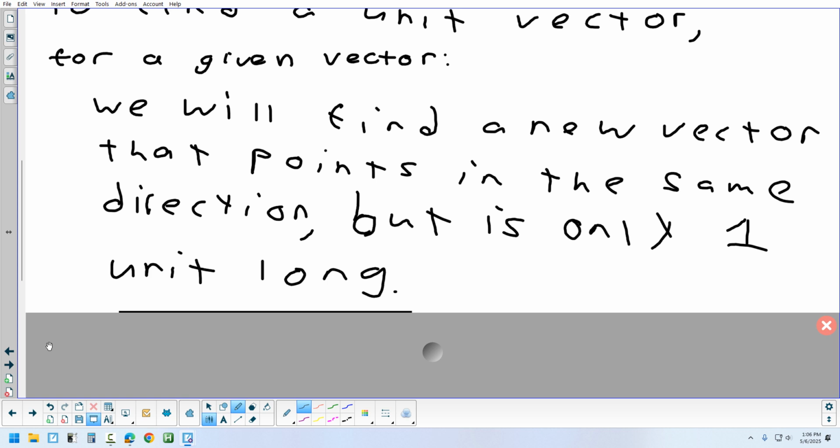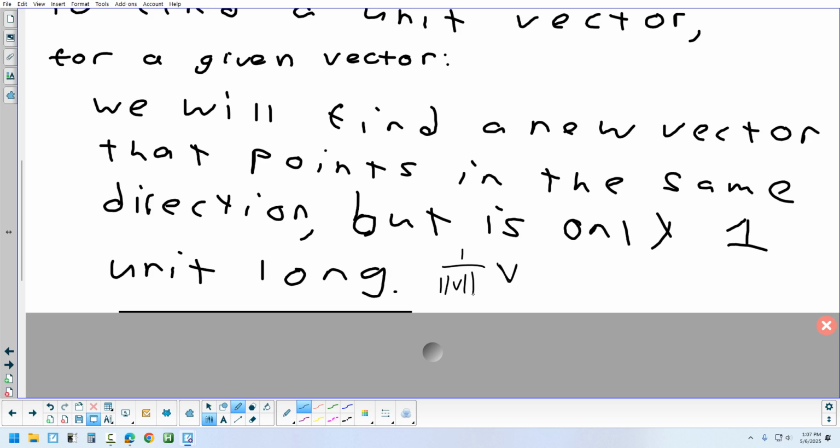So if you had the vector v, and you want to force that to be 1 unit long, you need to scale it by the reciprocal of its magnitude. That's the formula to turn something into a unit vector. Find the length of the vector, flip it, and multiply your vector by that, and it will make it 1 unit long.